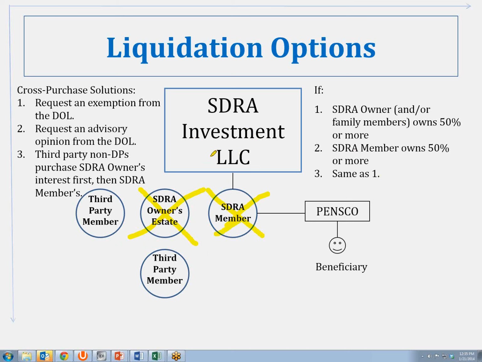Now, that can be a helpful transaction. We have some concerns about it because it might be a step transaction. IRS has these rules about step transactions that say, even though you can see on paper that it looks like they're okay, if it's part of an overall scheme that's designed to avoid taxes, then it might be a step transaction and might be considered the same as if the transaction had all happened at the same time.